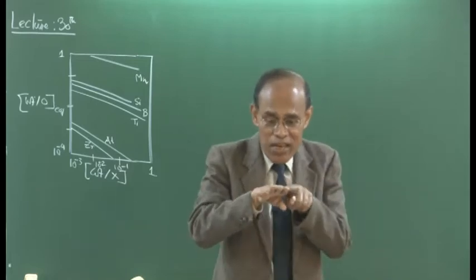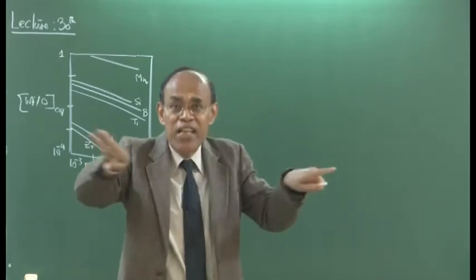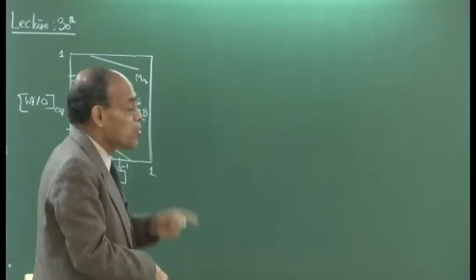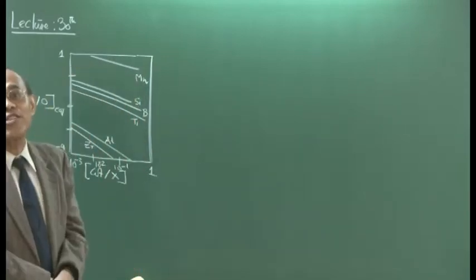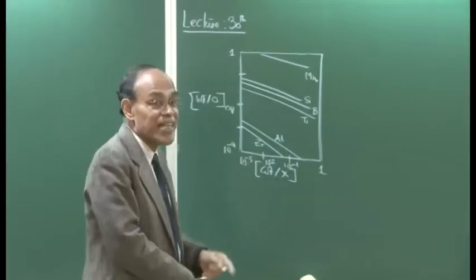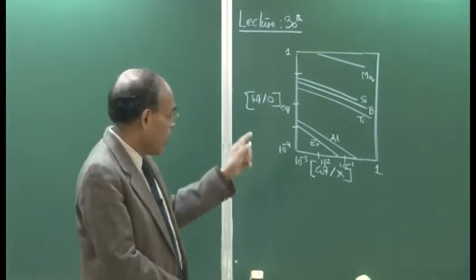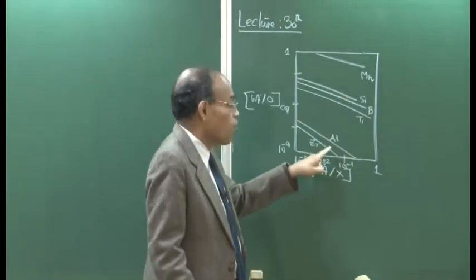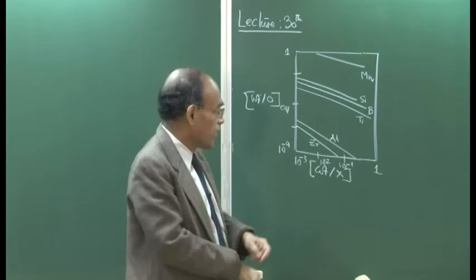So, the deoxidizer gets partitioned between the bath and the deoxidation product, and I would like to demonstrate that the largest chunk of deoxidizer is actually sitting in the metal itself, and that chunk is largest for manganese and smallest for aluminum for a given oxygen content, and that we have to remember.